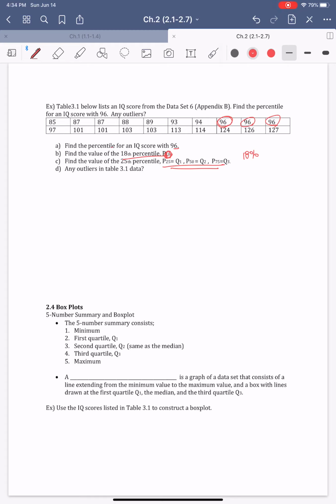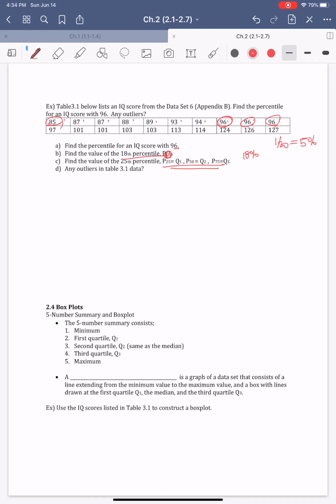Before we jump into questions A, B, C, D, I want you to think about this and use common sense. There are 20 data values here. If you count 1, 2, 3, 4, 5, 6, 7, 8, 9, 10, and then another row, 20 data values. Each data value is 1 out of 20, about 5%.